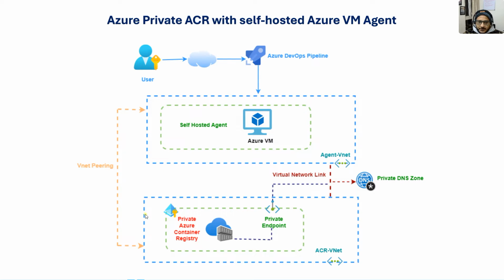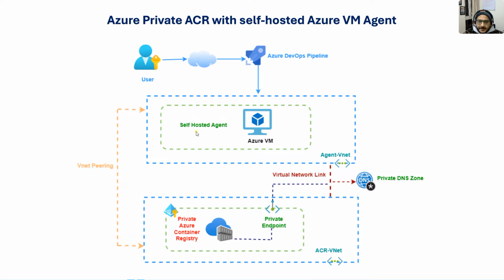And the other virtual network here is the ACR vnet, where we are going to create our Azure Container Registry. This virtual network is separate and that virtual network is separate, so whatever resources we create in agent vnet and ACR vnet cannot communicate with each other because they don't have any connectivity between them.